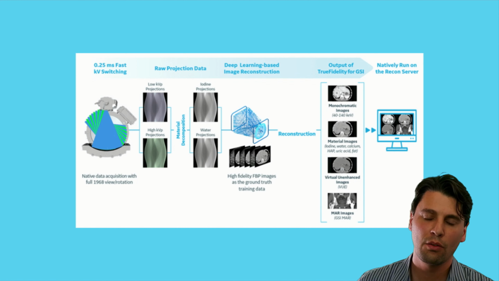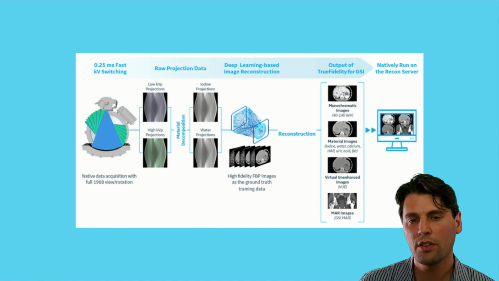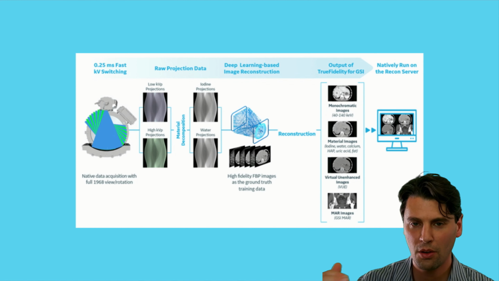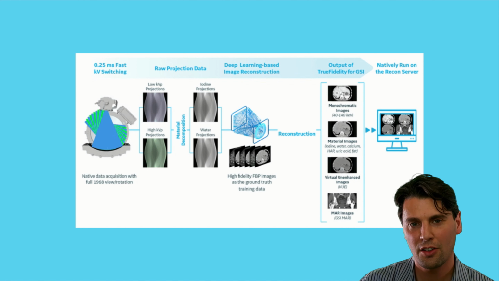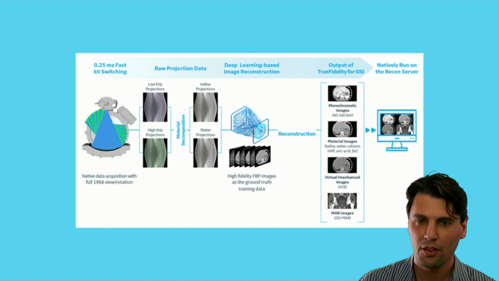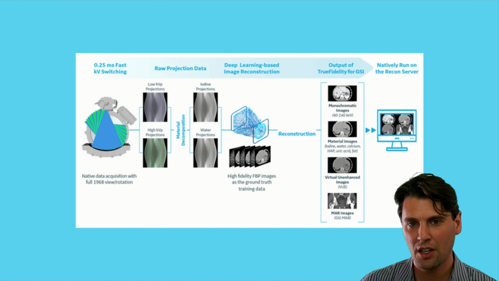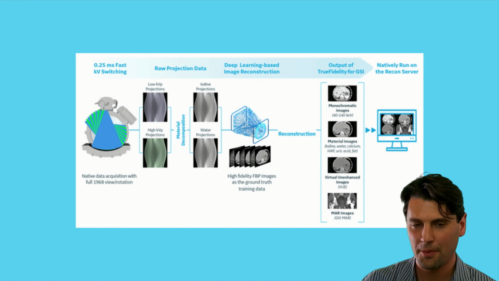So again, this requires a retraining of the networks, and we also want the networks to talk to one another and have processing such that the correlation between the water and iodine data is known by the network, so that the noise correlation can be accounted for when we're doing our denoising.